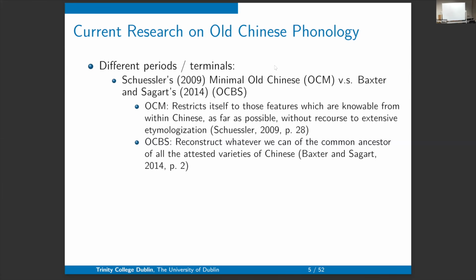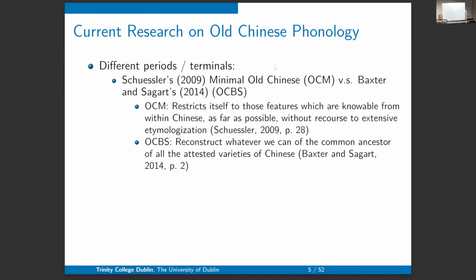So one reason that I use the Baxter and Sagart system is precisely because of that. Maybe they are wrong about everything, but it doesn't matter, because if you use their system, you're not losing any information. But if you use Schuessler's, and it turns out that Baxter and Sagart are right about anything, then you're missing out. So maybe the Baxter and Sagart system is a little bit unwieldy sometimes, but it's better to have more than less, right? And if you disagree with any component of their system, you can just ignore it.